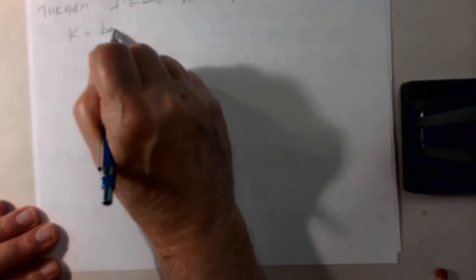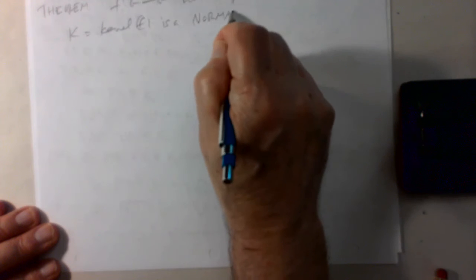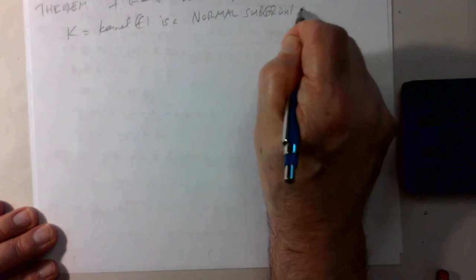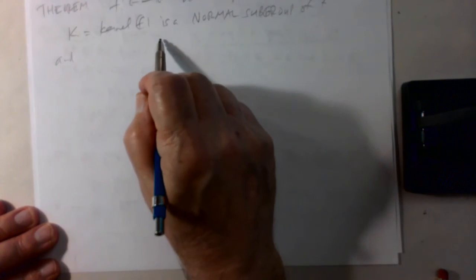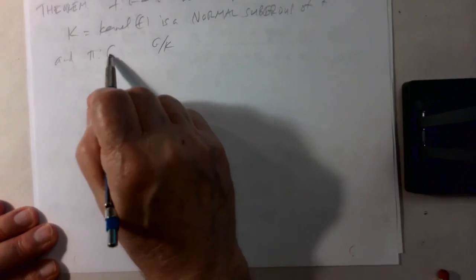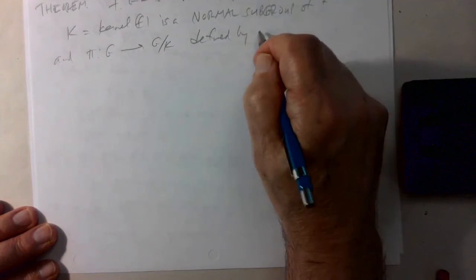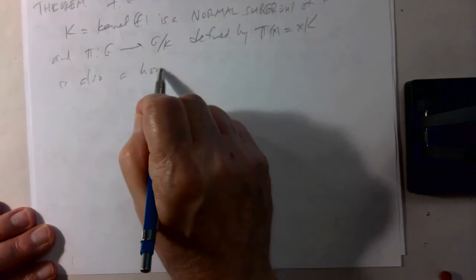K, which I'm going to call the kernel of f, is a normal subgroup of G. And so we have a group G mod K, and the function pi from G to G mod K, defined by pi of x is the left coset xK, is also a homomorphism.